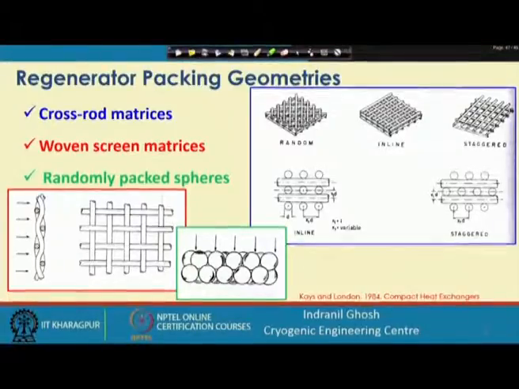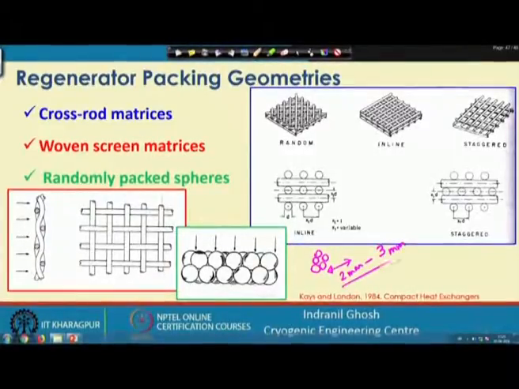We have lead or copper shots of a particular diameter. Depending on the application, we can use shots of, say, 2 to 3 mm diameter, randomly packed inside a pipe, through which the fluid will be flowing.